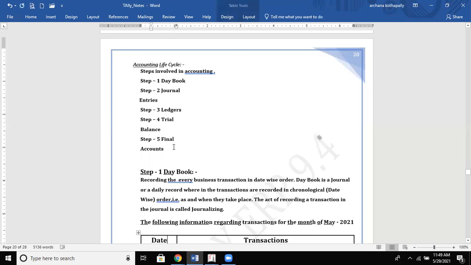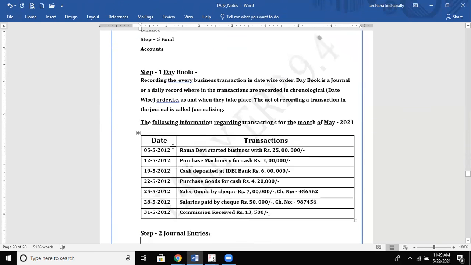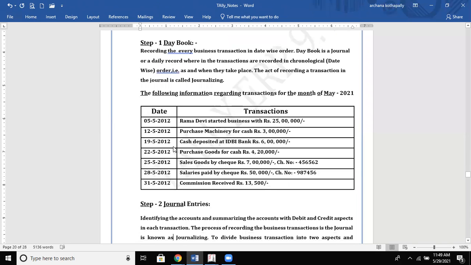So this is the process of the life cycle which we follow. Now let's see what is all about a day book. Because unless and until we are good at the foundation level or the base level of accounts, posting or preparation of these financial statements becomes a hectic job. So that is why first we will be very careful in going through these aspects.